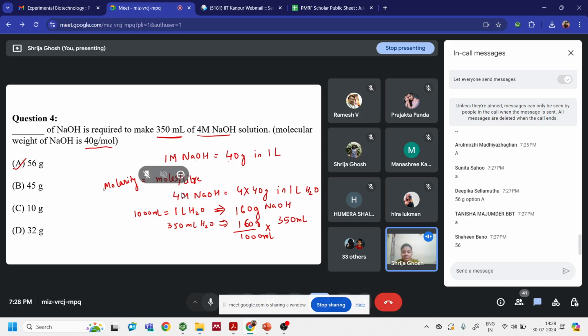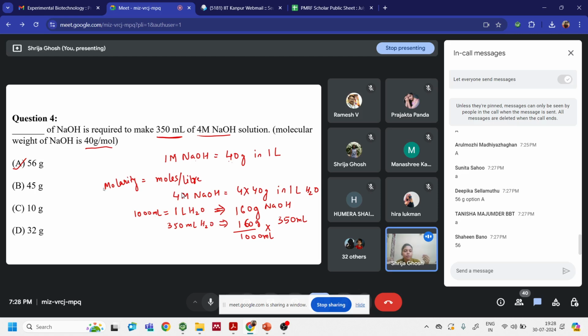Any doubt in this question? These are the kind of problems that you will have to solve if you are making any kind of buffer or any kind of solution in a biotech lab. Whenever you are working in any biotechnology or molecular biology experiment, these solutions are something that you have to routinely prepare.